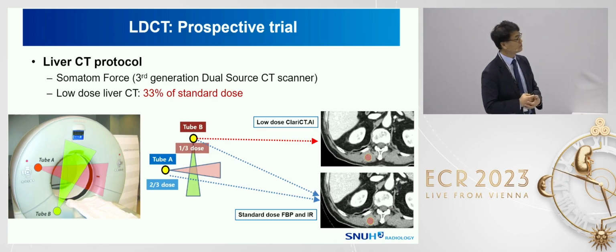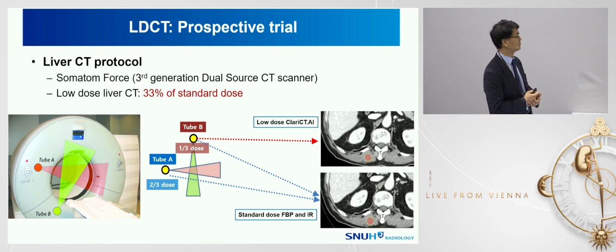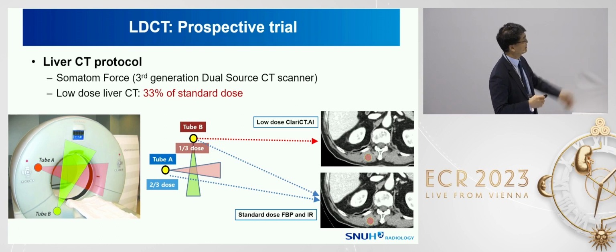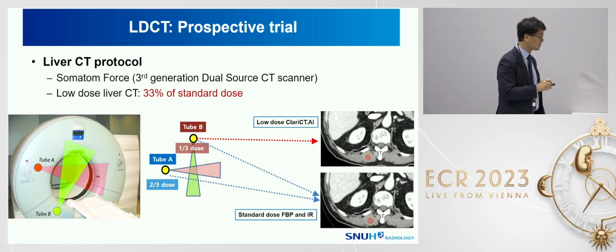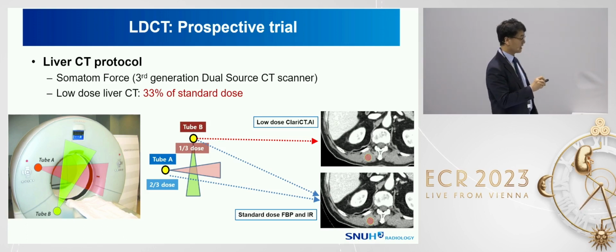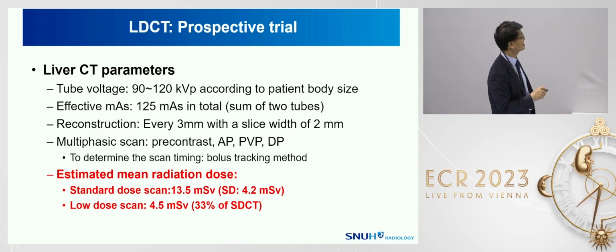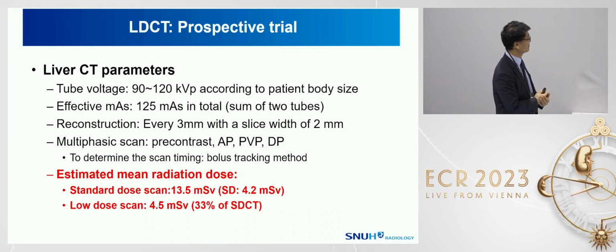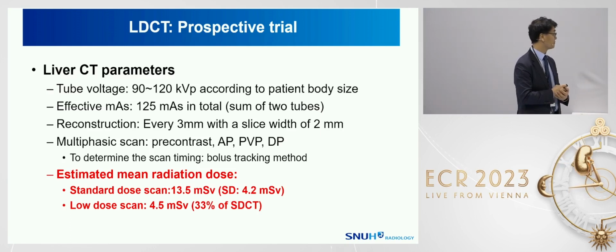So we used B-tube, which used 33% of radiation dose of our routine clinical radiation dose. And then we reconstructed these low-dose CT images with the ClariCT.AI, and we compared it with the standard dose MBIR images. So estimated radiation dose over 4-phase liver CT scan was, standard dose was 13.5 millisievert, low dose was 4.5 millisievert.